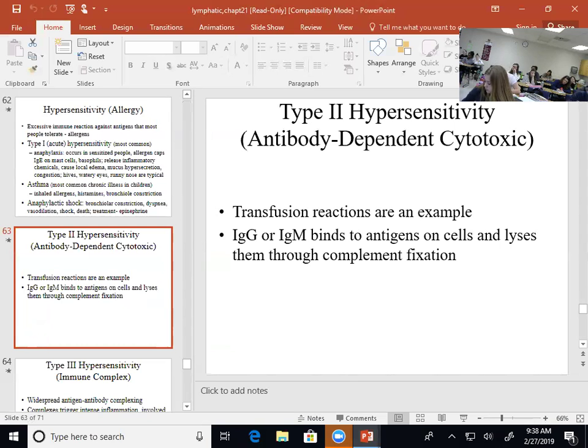Because they may be thinking in their head, oh, I could have handled that. So let them know that their body recognizes that now, and the next time they get exposed to that, it's most likely going to be a much worse attack. So they have to understand the significance of having those EpiPens.